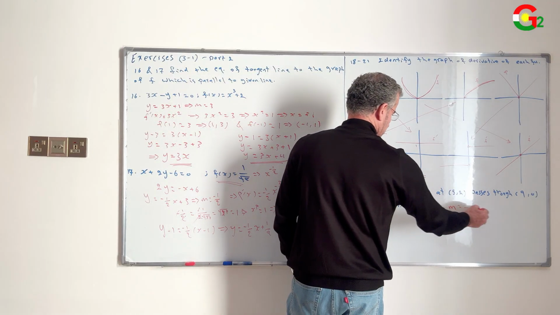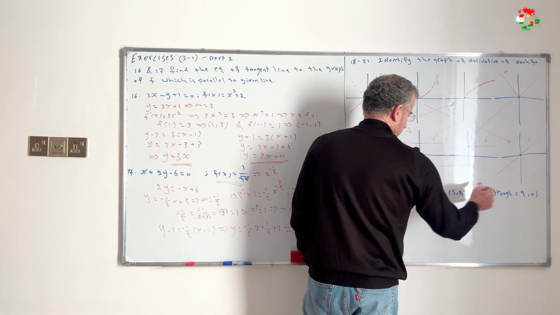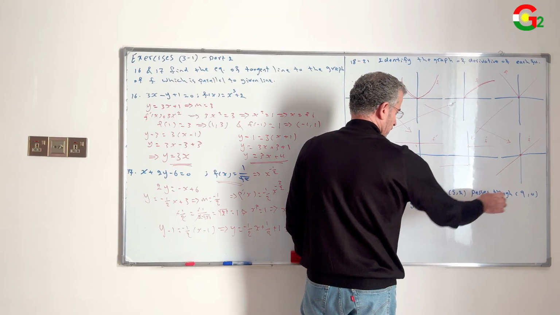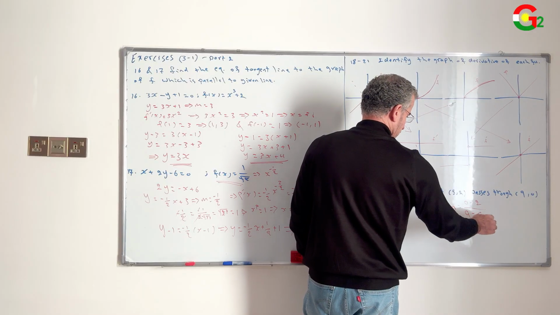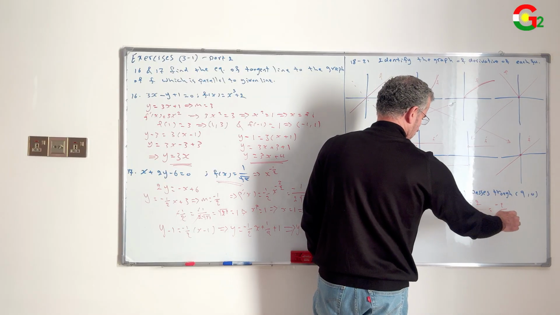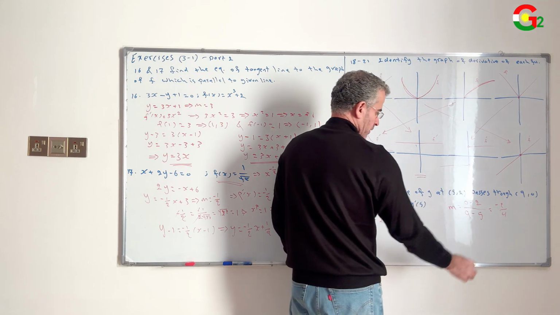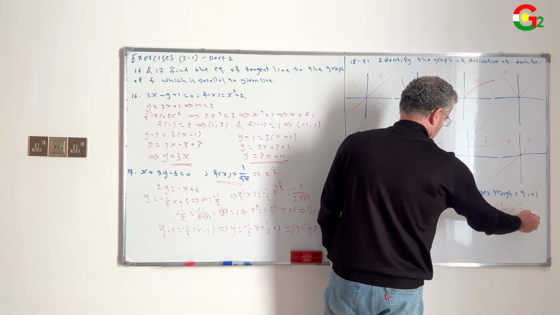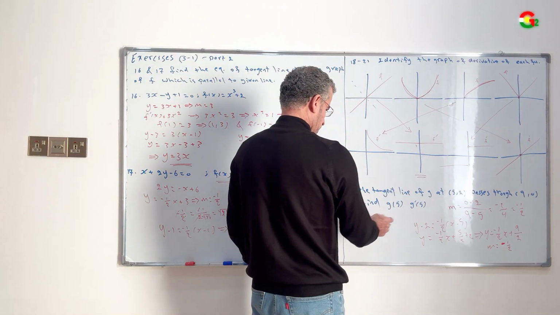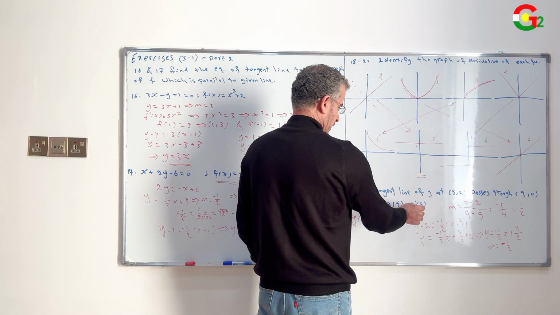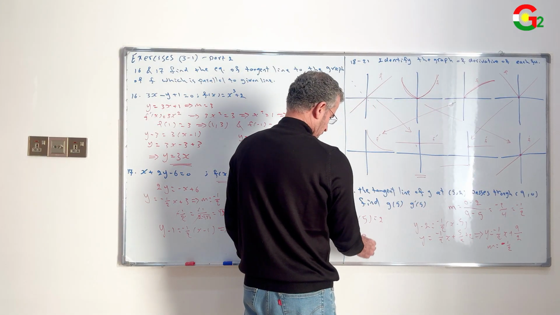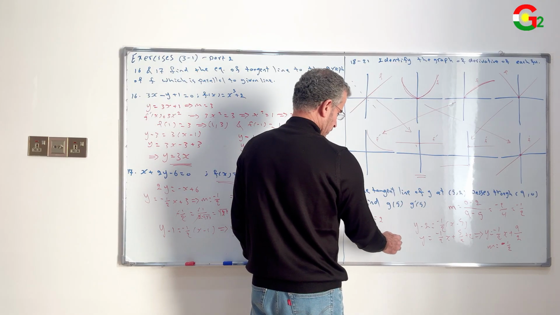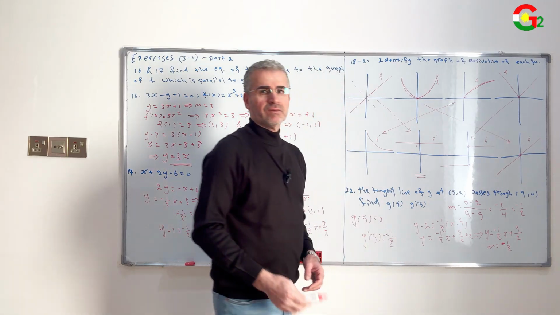Find the slope first: y2 minus y1, 0 minus 2, over x2 minus x1, 9 minus 5, equals negative 2 over 4, equals negative 1/2, which is the slope of the function at the point of tangency. Then g'(5) equals negative 1/2.